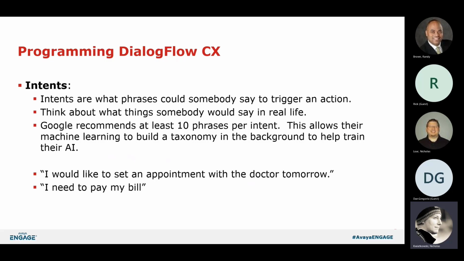I'd like to make an appointment with X clinic. All those types of things give Google the taxonomy, the ability to figure out what we're actually trying to get at, and how that differs from something else. So we need enough training sentences in there to make it distinguish itself from, let's say, making an appointment versus scheduling a surgery.